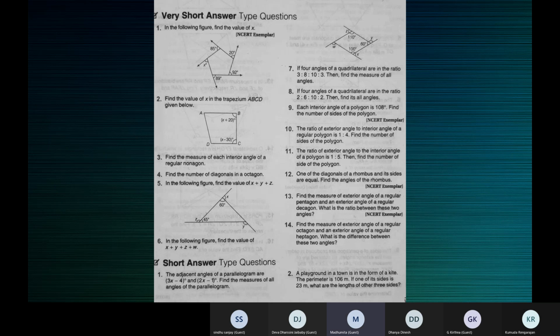Ma'am, should we note the answers down in our notebook? No, Madhumita, I said please work the answers. Don't write the question. Please work the answer now during the session.